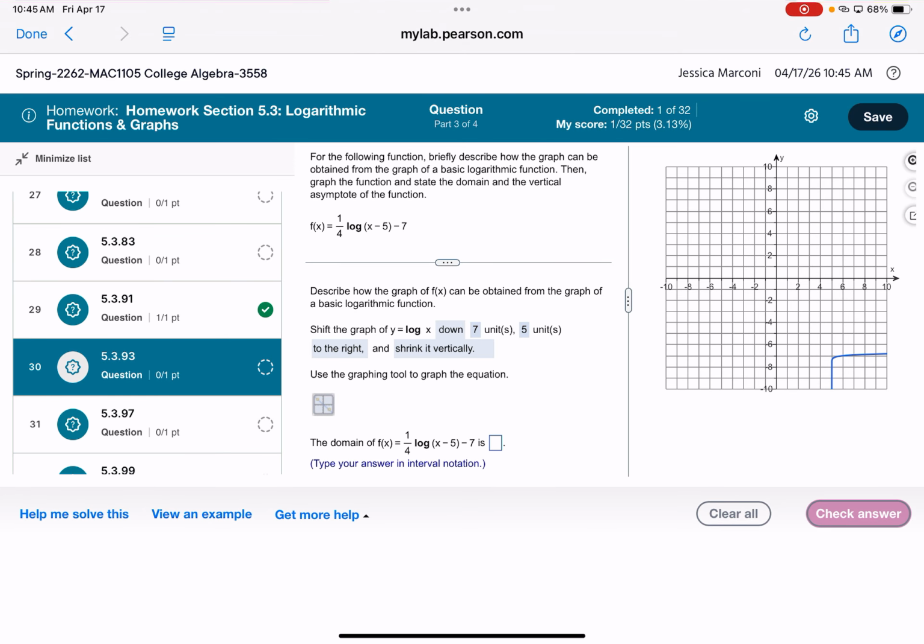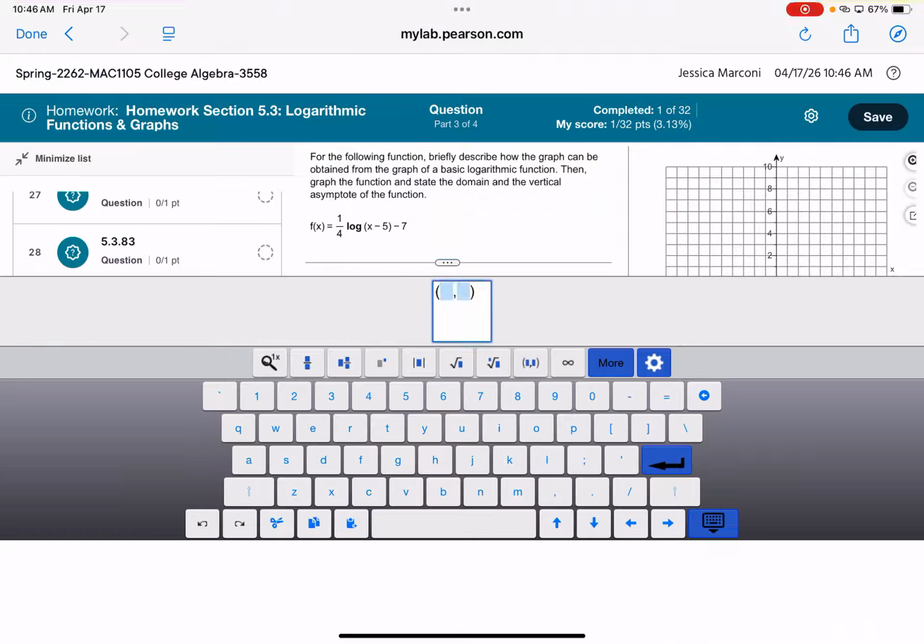All right, so the domain. So if this was my base graph, and then I shifted it to the right 5 units, then my vertical asymptote, which was originally x is 0, would also be shifted 5 units. So that'll become x equals 5. Make sense? So you can kind of see here that it's in between 4 and 6 where my graph is kind of stopping. So the domain will be from 5 to infinity now.